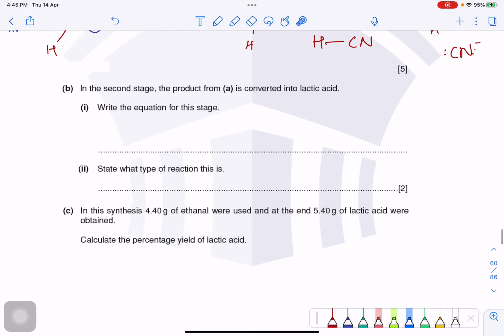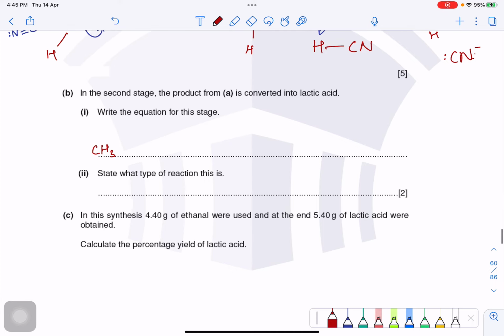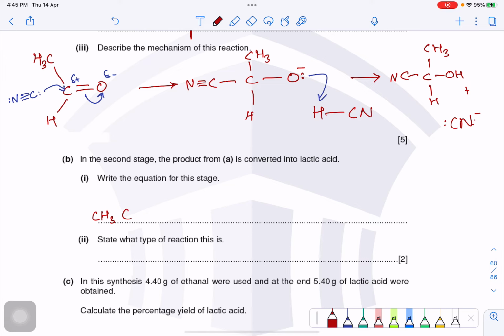In the second stage, the product from A is converted into lactic acid. Write the equation for this reaction. So lactic acid was the acid that they gave us. So we start with this thing, CH3, C, then there is H, and there is OH, and there's this CN.